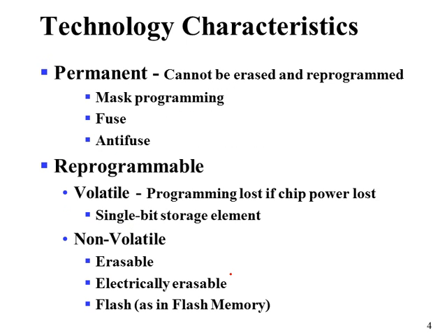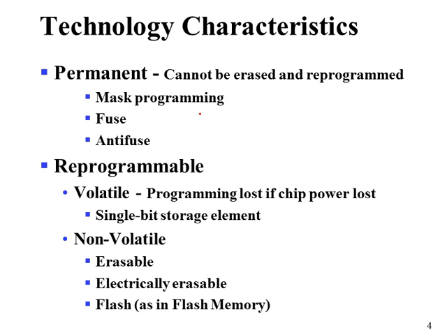So we have some technology characteristics based on whether you can reprogram or not. We have permanent, which means you program it once and then you cannot erase and reprogram again. Those are technologies with mask programming, fuse, or anti-fuse.